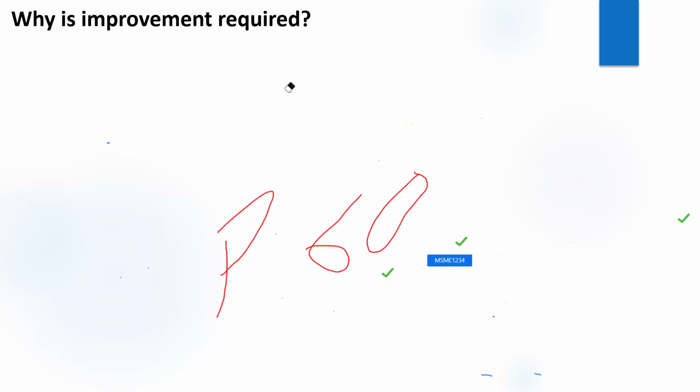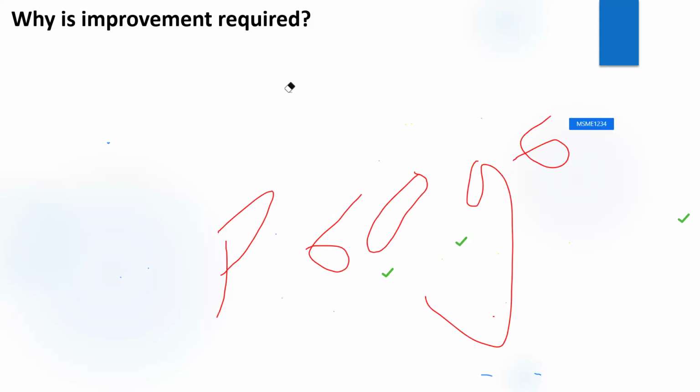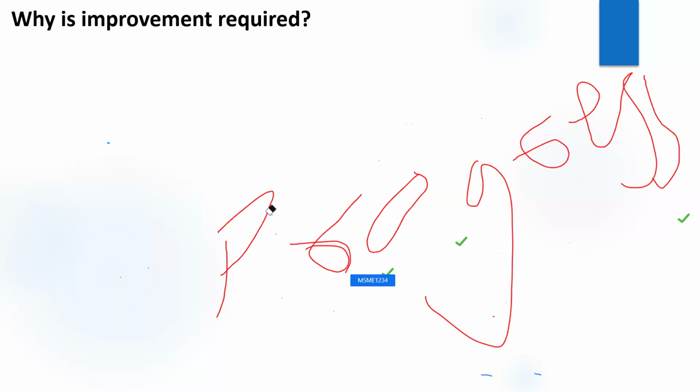And how to do that? Just listen to the voice of the customer. For any industry, the customer is very, very important, because who is paying our salary?